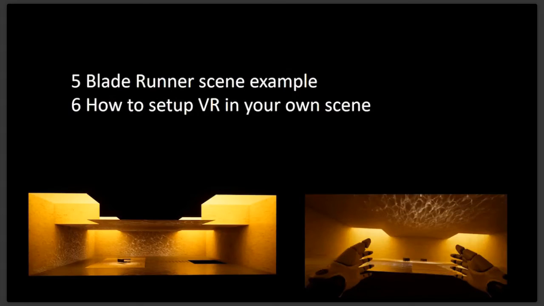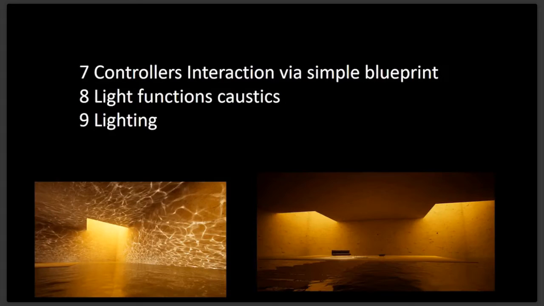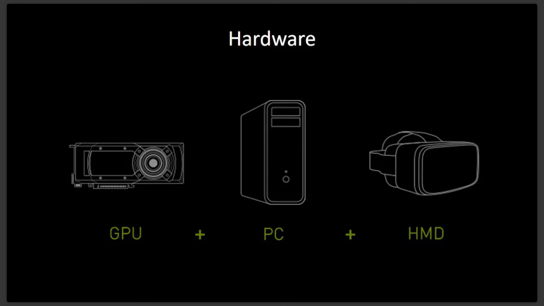Then we are going to have a look at this Blade Runner scene, the little story behind, and then we'll set up the VR that we've seen before in this scene, and finally we'll have a look at how we can extend that a little bit, use the controllers with the blueprints, and I'll show you a little bit, point you to some resources for the light functions and then the lighting as well. Great, so plenty to talk about, plenty to look at, so let's get cracking.